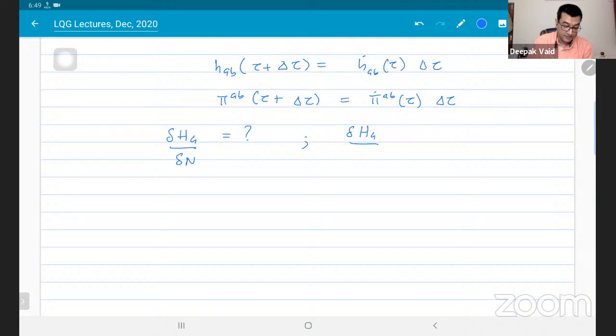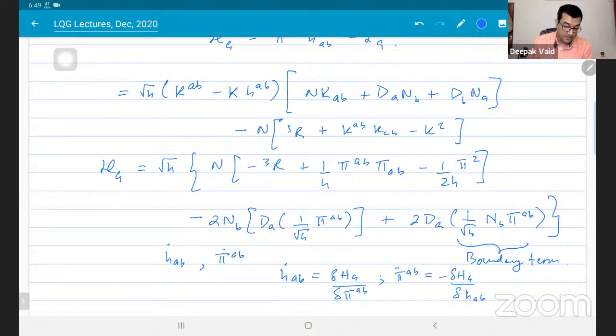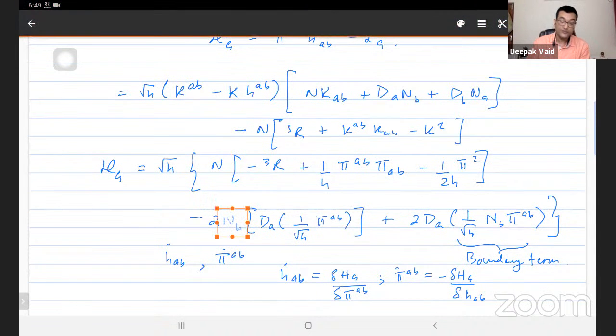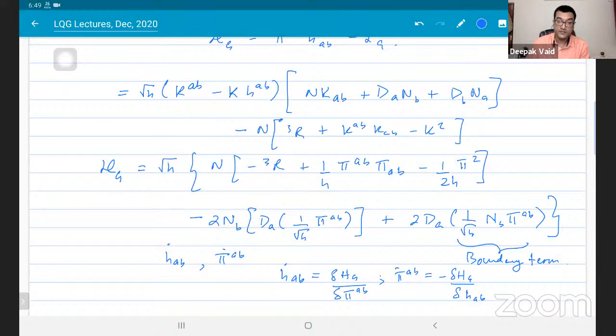So delta H_G by delta N^a. And the thing you can see in this expression is that this does not contain any derivatives of either N or of the shift vector. So it depends on the intrinsic metric and the time derivative of the intrinsic metric. But these two quantities are behaving like Lagrange multipliers, because they don't have any time derivatives.